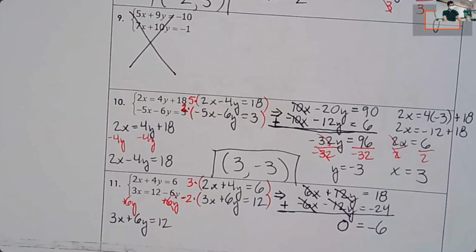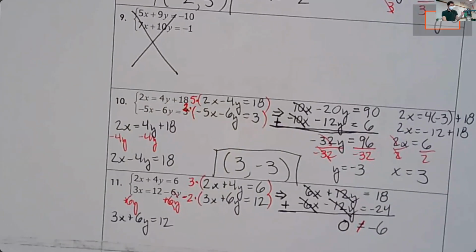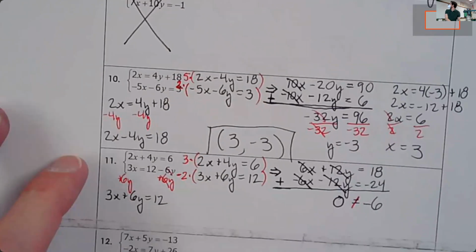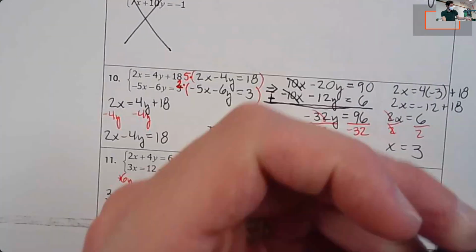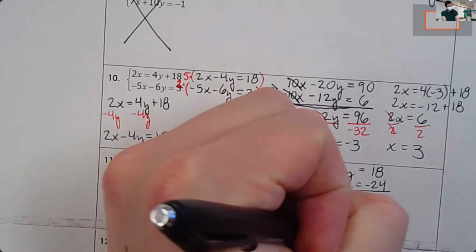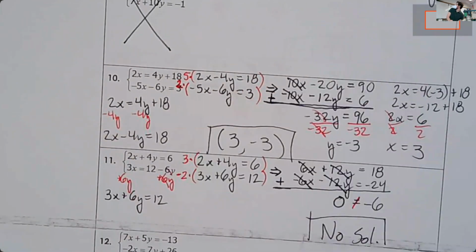This is no solution, yeah. Because 0 doesn't equal negative 6. Our variables are gone. There are no more variables. And so if you end up with two numbers that are different, they don't equal each other, there's no more variables, this is going to be no solution. And so that's our answer for number 11.